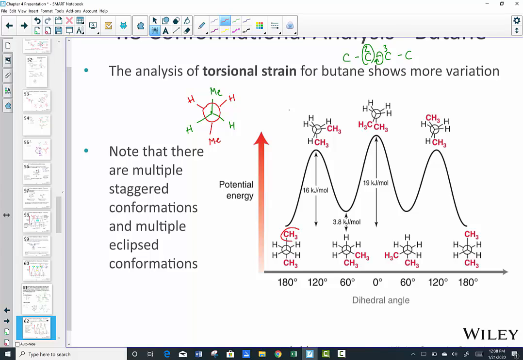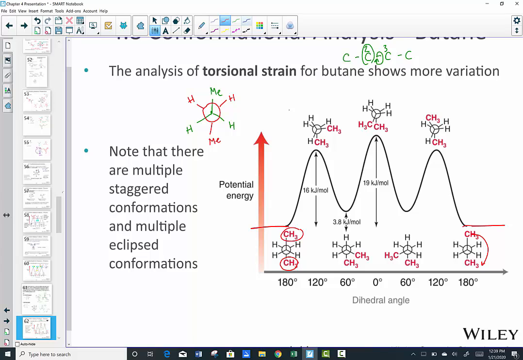We made the methyl groups as far apart as we possibly could to find the most stable conformation. Look here, it is of the lowest energy on our energy diagram when the methyl groups are 180 degrees away from each other because they have the most room to move around, right? They have their electron clouds, they have plenty of space. There's no torsional strain, there's no steric hindrance. That's the most stable conformation.